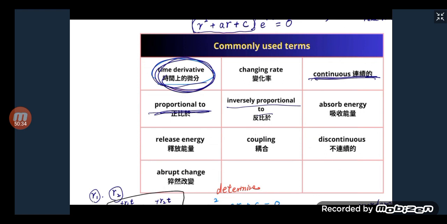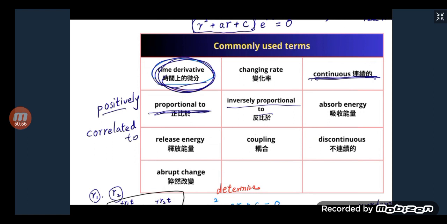Proportional, inversely proportional. Okay. Or sometimes we say correlated. Positively correlated, 正相关, positive.